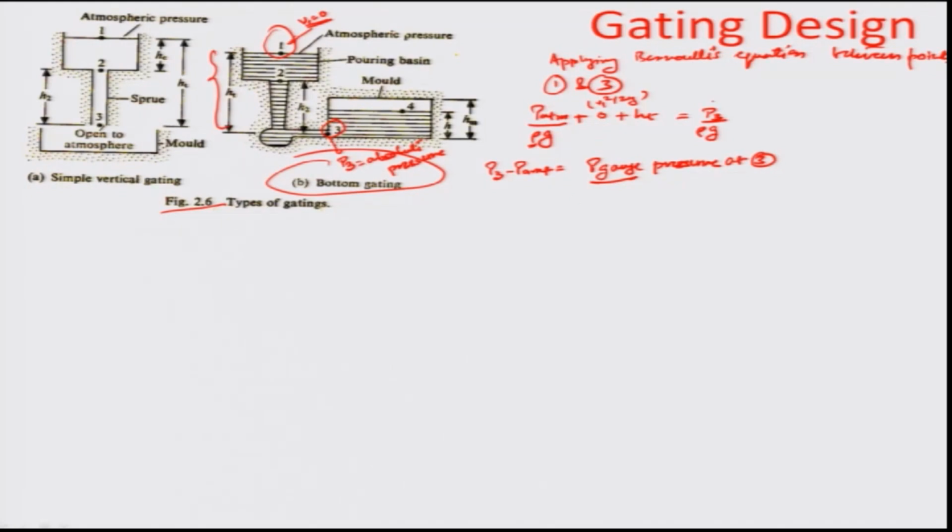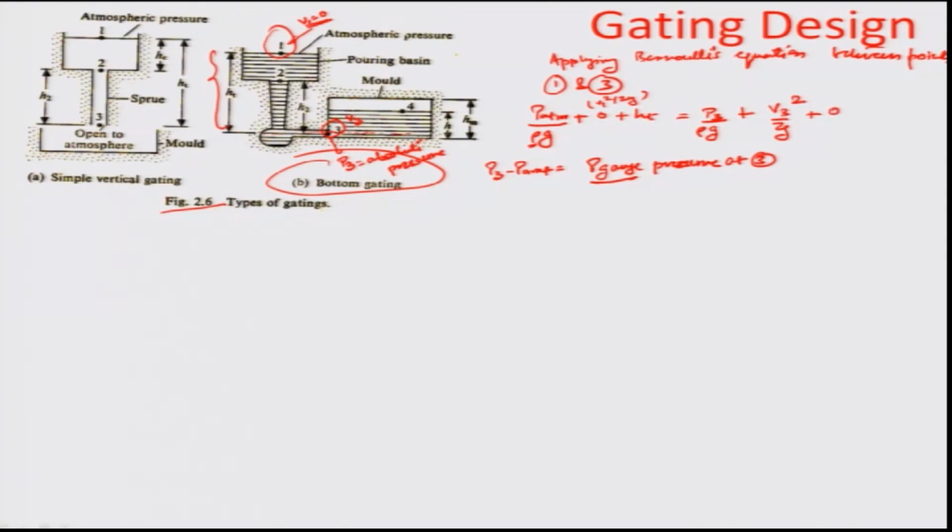So this is P3 by rho g plus the velocity. Let us suppose the velocity at this particular point is V3, because the fluid is running from a certain potential; there is a change in the potential energy of the fluid because it is running from a certain height HT all the way to the datum line, which is somewhere around this corner here, right about where V3 is being estimated. So, V3 square by 2g, and then obviously the height from the datum line that we consider is 0.